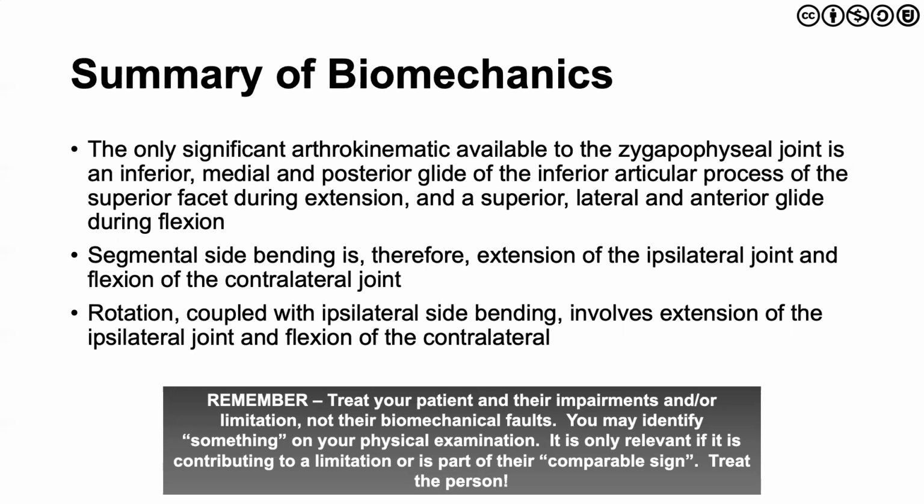Segmental side bending is therefore extension of the ipsilateral joint and flexion of the contralateral joint. Rotation, being coupled with ipsilateral side bending, involves either extension of the ipsilateral joint or flexion of the contralateral joint. So if we break this down, really the facets are merely flexing and extending, but they're doing so based upon whether the motion is ipsilateral or contralateral.